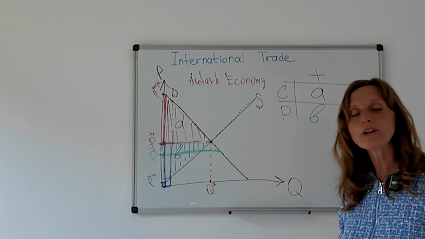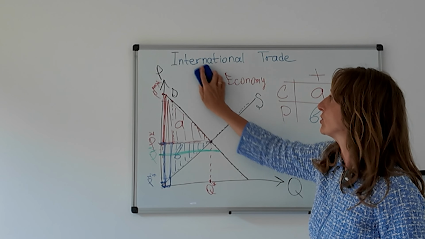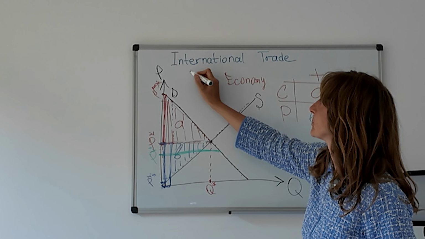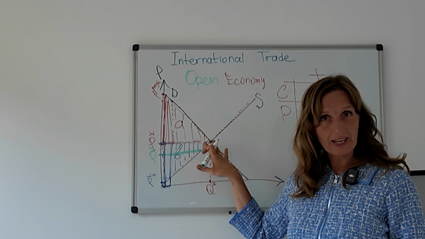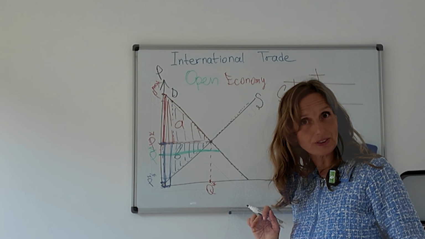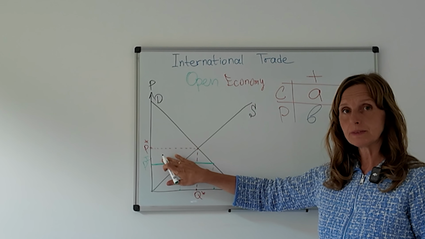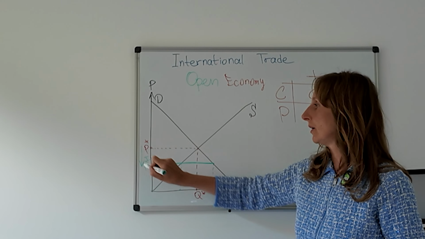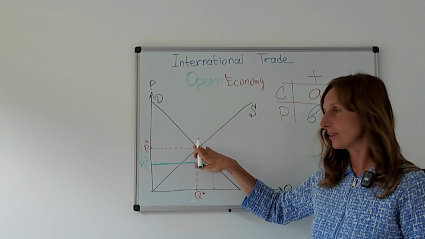So, what do you think? In this case, if the economy is no longer autarkic, but it becomes open, who wins? Consumers or producers? The market price in the international economy, as you know, is lower than the market price in the national economy.